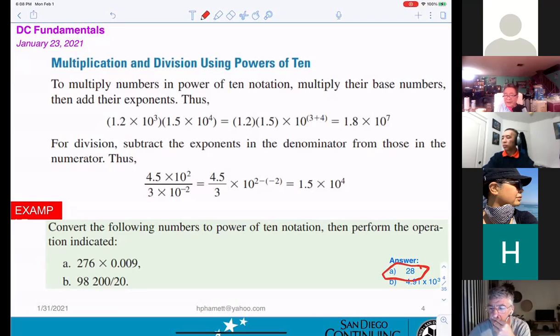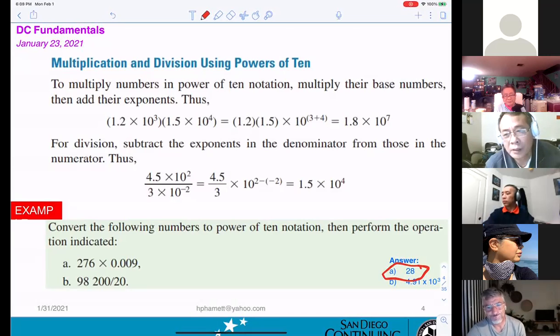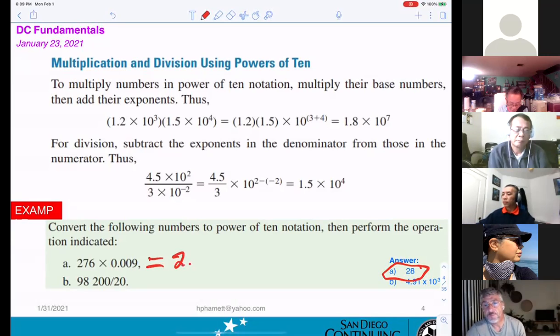28. Can you get 28? I don't get it. Do you get it? No, I think 28 is wrong. It's not correct. Okay, I'll try. 276, that means 2.76 times 10 to the 2. And you times 0.009, 9 times 10 to the negative 3.